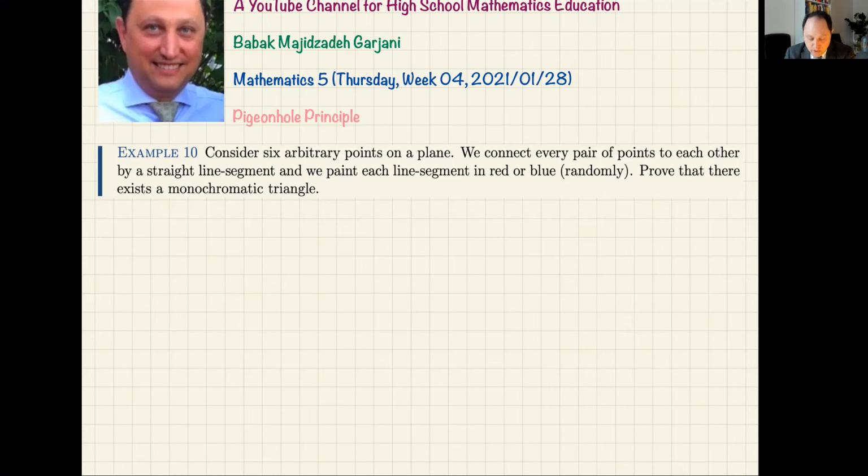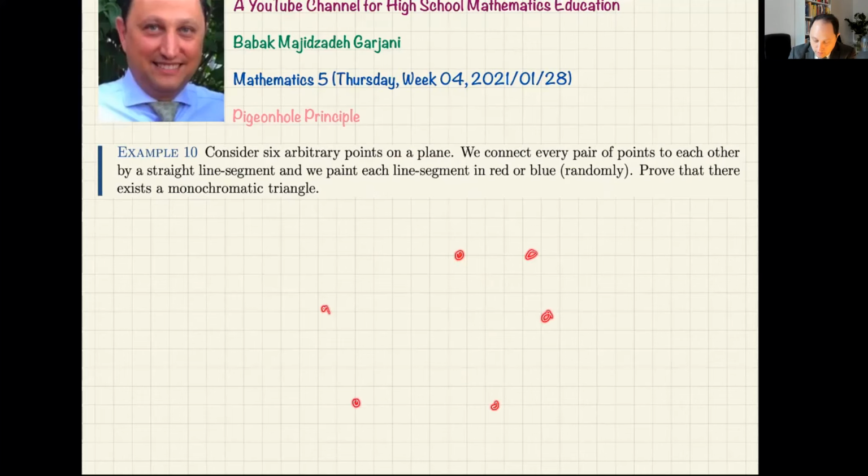The important part is that we have 6 points chosen, and we start connecting all these points pairwise together. For example, to give you an idea, A, B, C, D, E, F. 6 points.